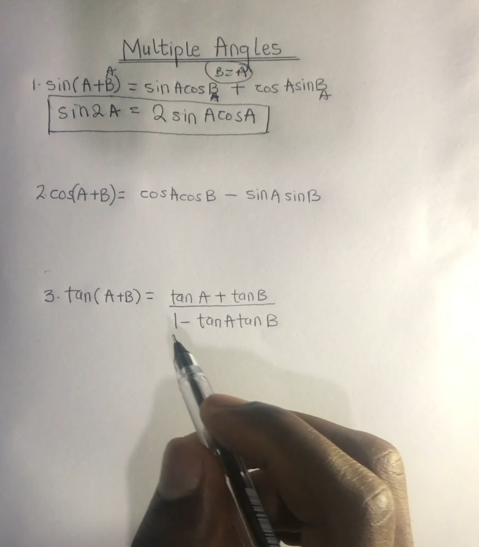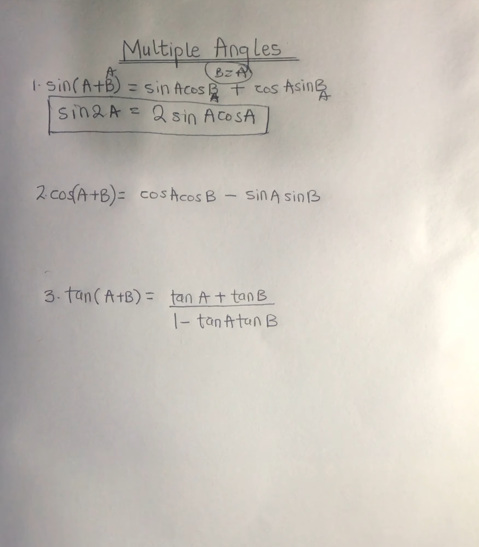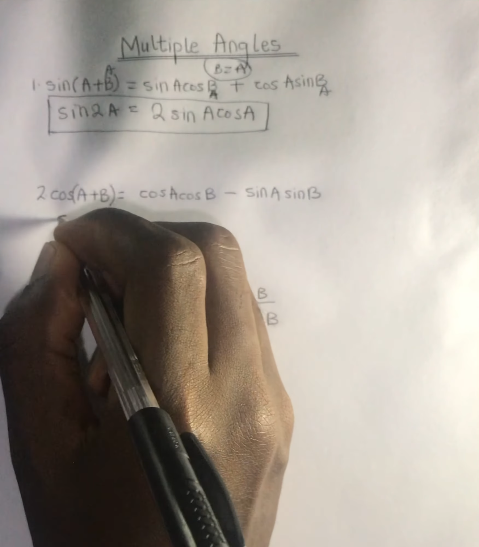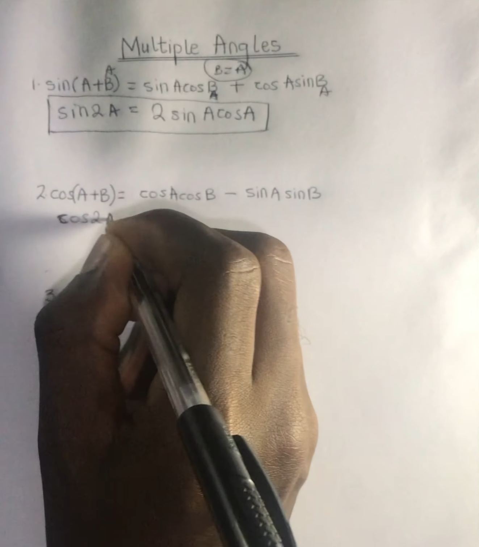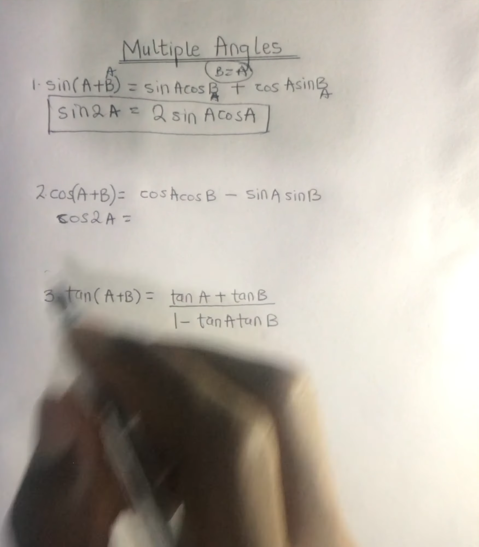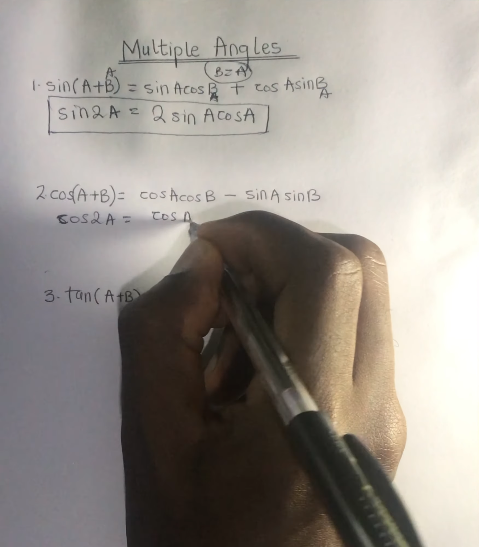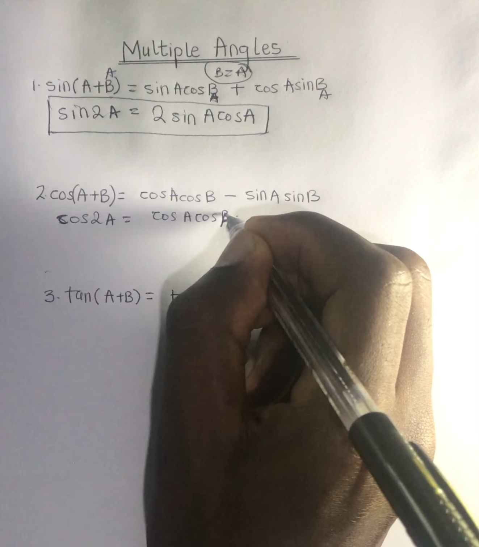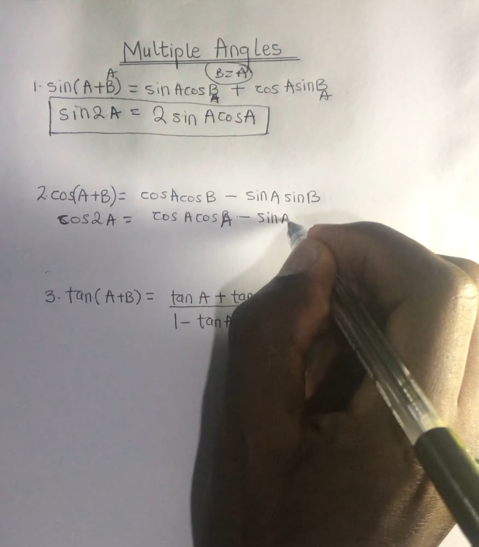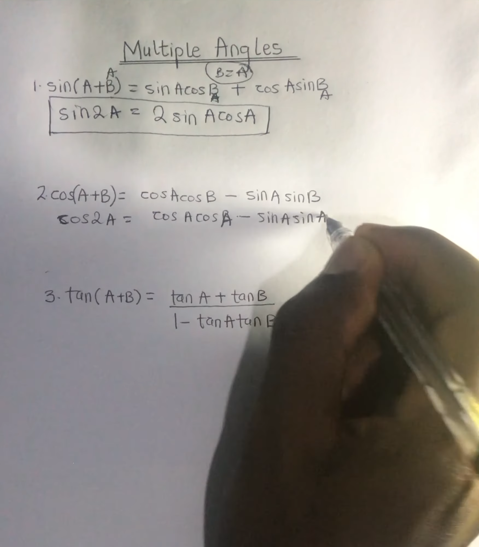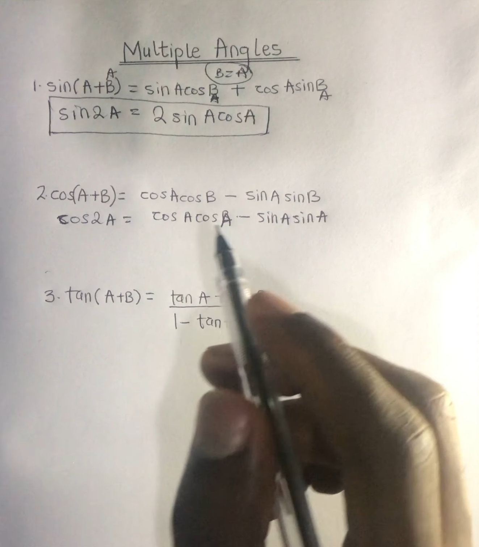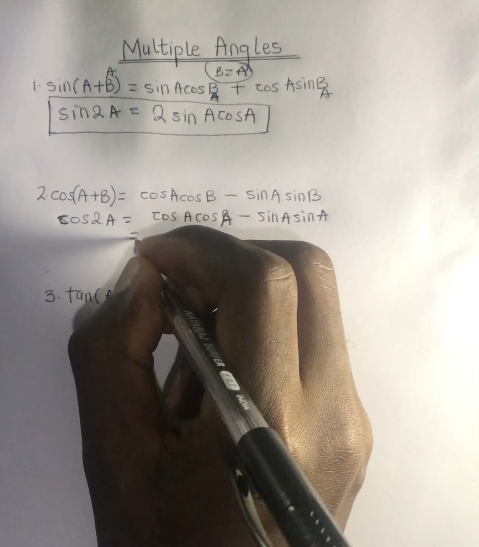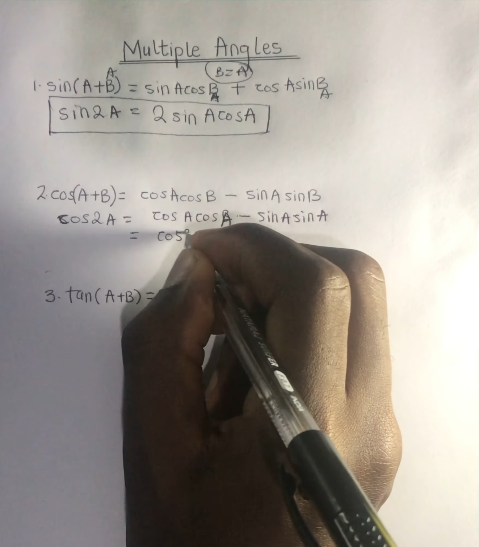Now let's take our second compound angle formula. Similarly, we are going to substitute B with A. So we have cos of 2A, right? Now cos 2A, let's take this step by step, will be equal to cos A cos B, cos A minus sine A sine A. Now cos A gives us cos square A. The same way sine A gives us sine square A, right?